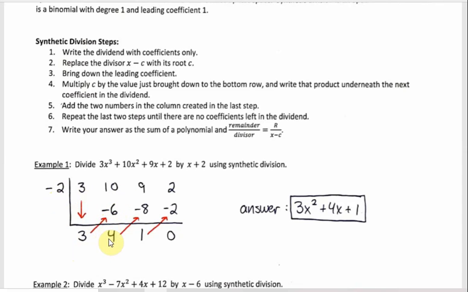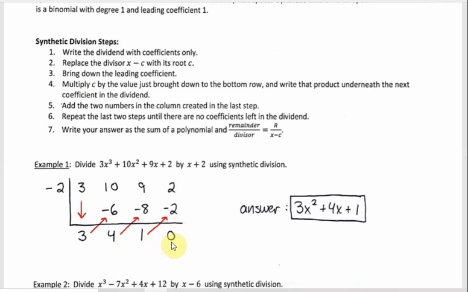And then you do what we just did, so you multiply that by this root of the divisor. So negative 2 times 4 is negative 8. Then you add down the column, you get 1. Negative 2 times 1 would give you negative 2, and then you add down the column and you get 0. So then these numbers down here, the 3, 4, 1, and 0, those are your coefficients and then remainder.